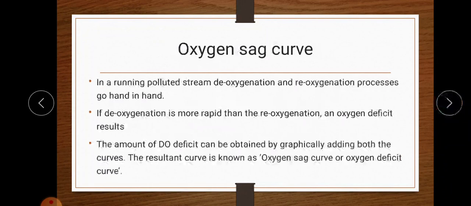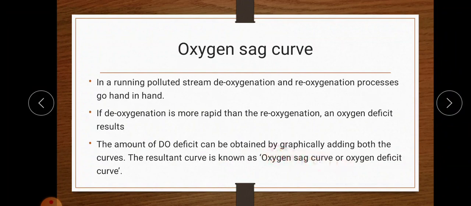Next is the oxygen sag curve. In a running polluted stream, deoxygenation and reoxygenation processes go hand in hand. If deoxygenation is more rapid than reoxygenation, there will be oxygen deficit; the dissolved oxygen content will get reduced. The amount of dissolved oxygen deficit can be obtained by graphically adding both the curves.